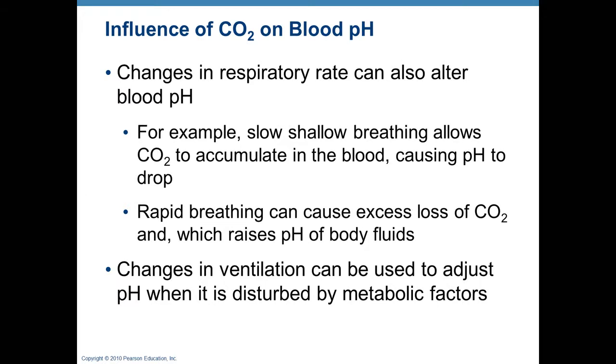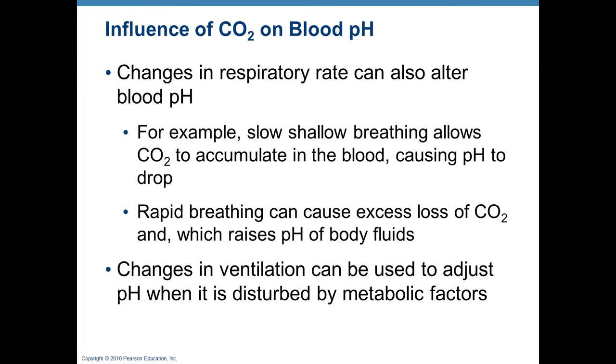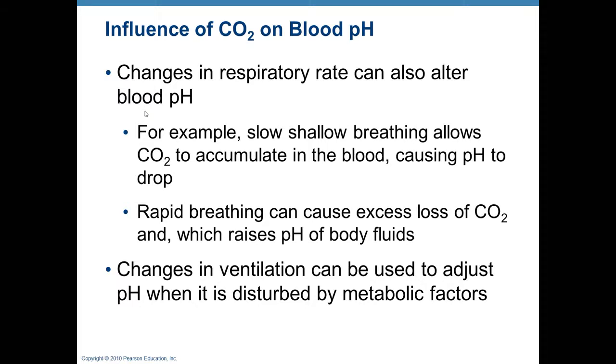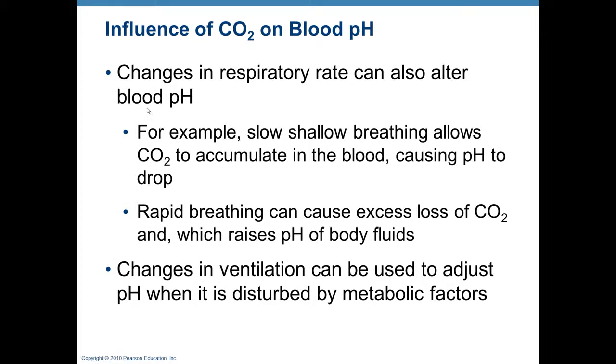Okay, and again, body fluid pH, absolutely critical. You've got to keep it in that 7.35 to 7.45 range. So your breathing rate matters, because the way CO2 gets out of your body, your cells are generating this all the time, is by you exhaling it out. So changes in your respiratory rate have an effect, believe it or not, on the pH of your body fluids.